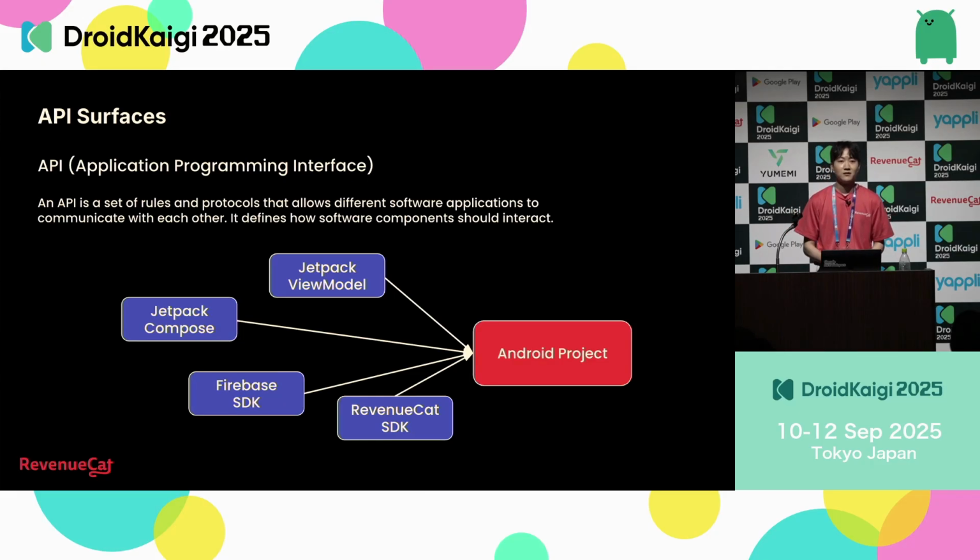And it doesn't only mean the RESTful APIs for fetching data from the network, but also the libraries and SDKs we use in our daily life, such as Jetpack ViewModel, Jetpack Compose, Firebase SDK, and RevenueCat SDK as well.